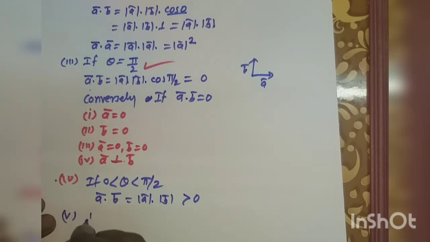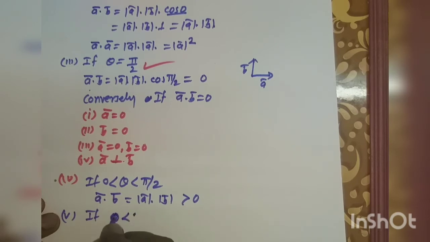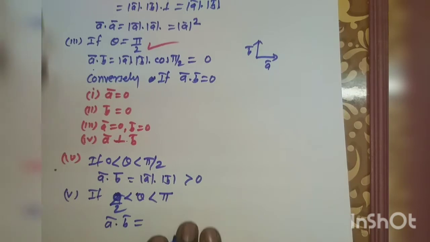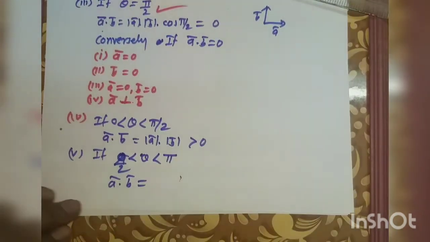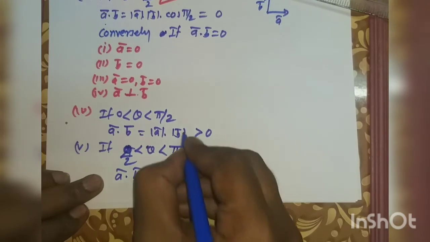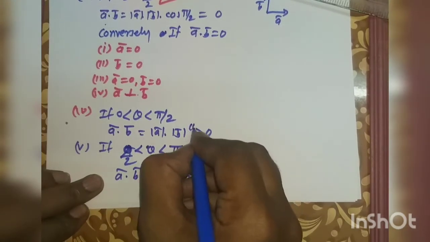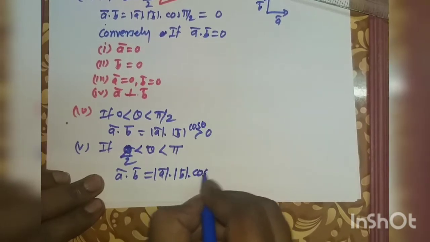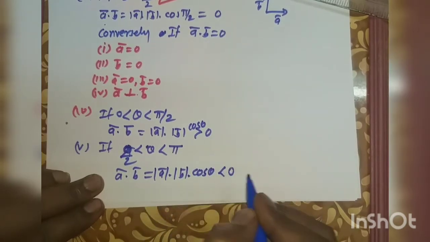And fifth, if theta is greater than pi by 2 and less than pi, theta lies in the second quadrant, then a bar dot b bar is equal to mod of a bar mod of b bar into cos theta, which is less than 0.